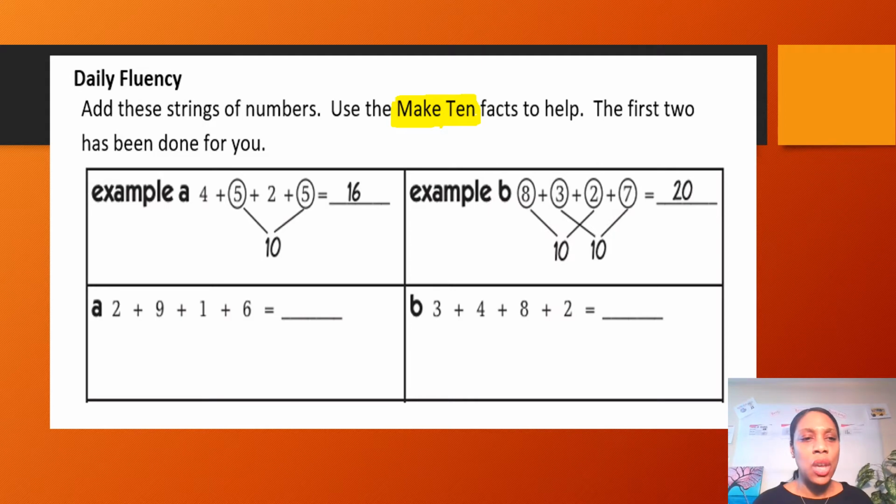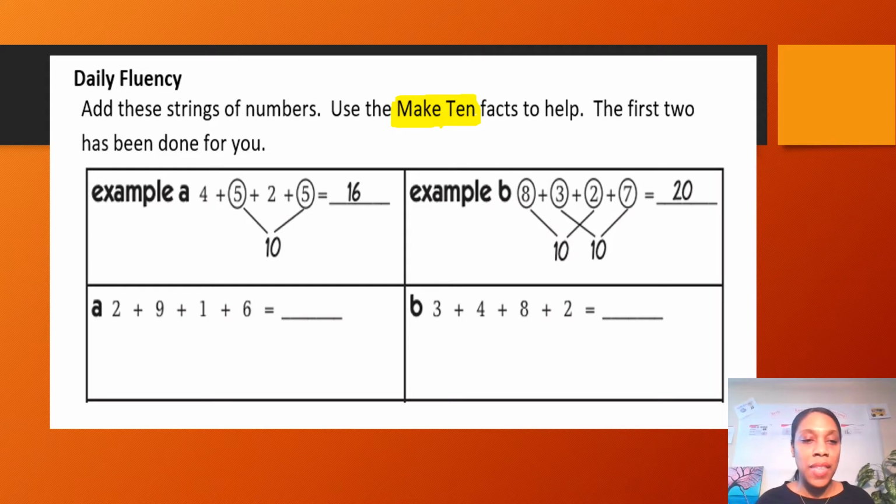So, let's go to one that we're going to do together. Let's look at problem A. Remember, the strategy here is to see if I can make a 10 so I can quickly and more efficiently add numbers together. I look at the add-ins 2, 9, 1, 6. Which two of those add-ins put together can make the number 10?